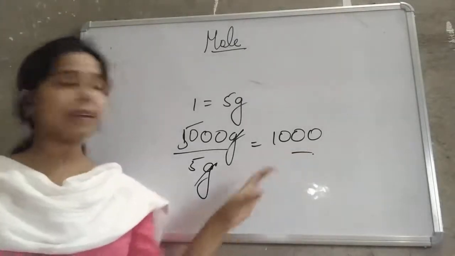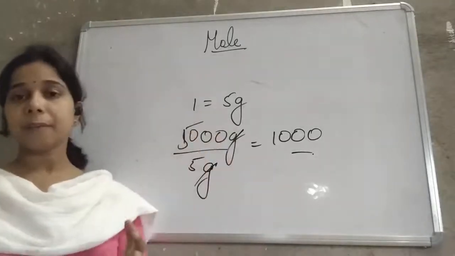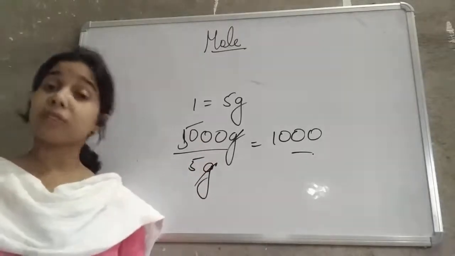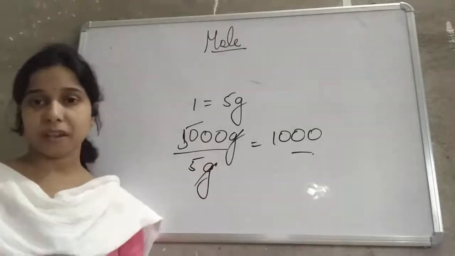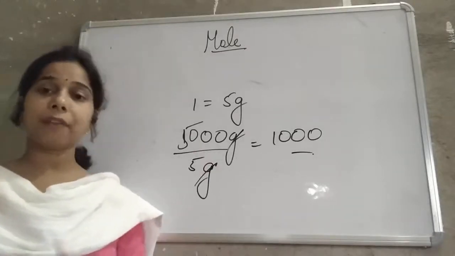For that I gave an example: if a number of coins are present in a container, it is difficult to count each and every one.